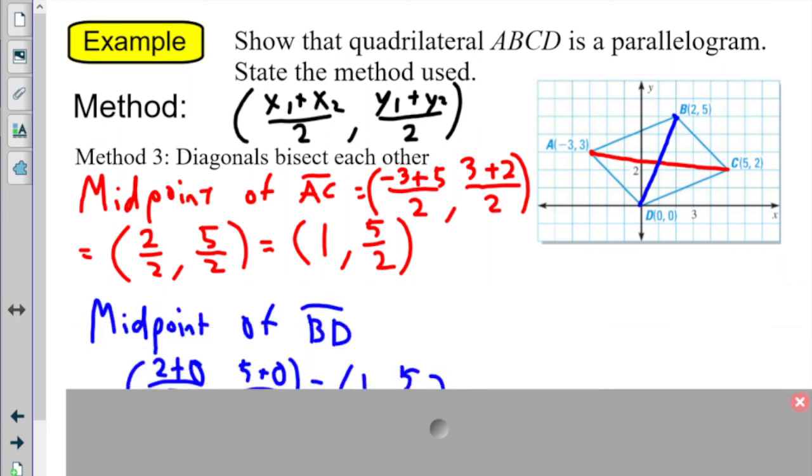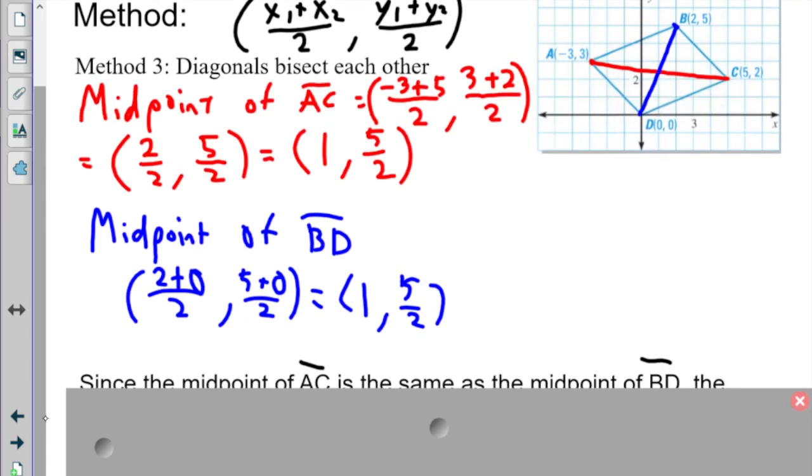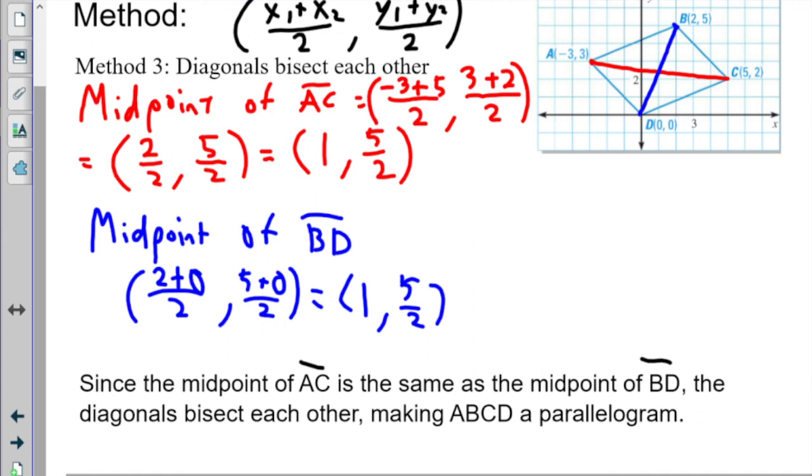And lo and behold, we get the midpoint at (1, 5/2). Since those have the same midpoint, that makes them both be bisected in the same place. So at (1, 5/2), both of them have that midpoint, which means there's our diagonals bisecting each other.